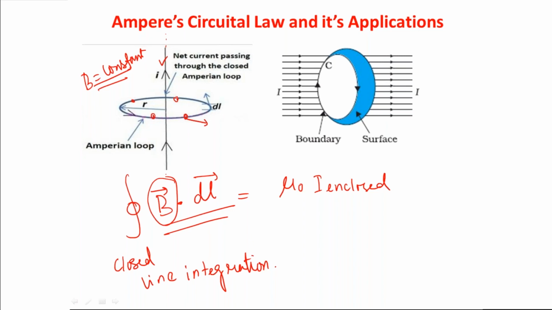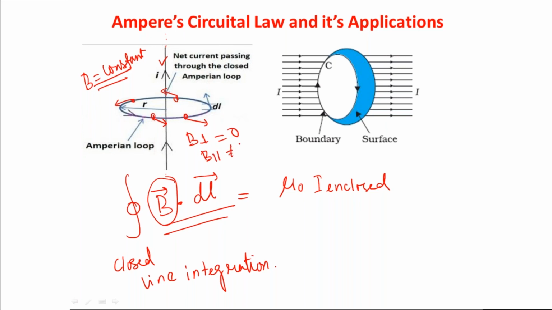So at this point the magnetic field direction will be like that, tangent to that particular point. So first of all, the magnetic field will be constant at every point, and it will be tangent.